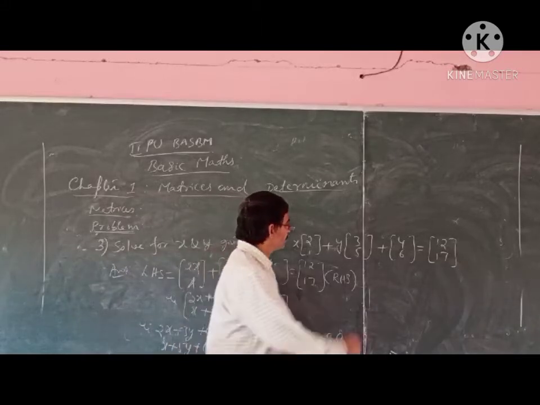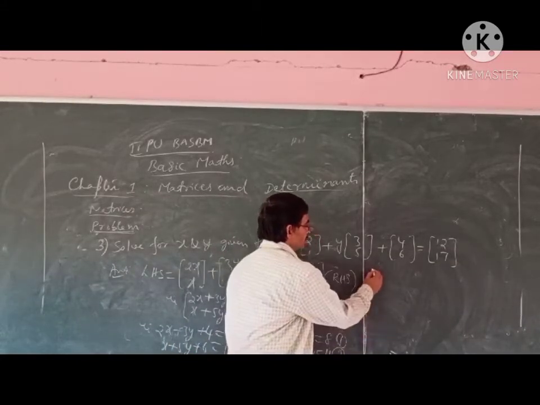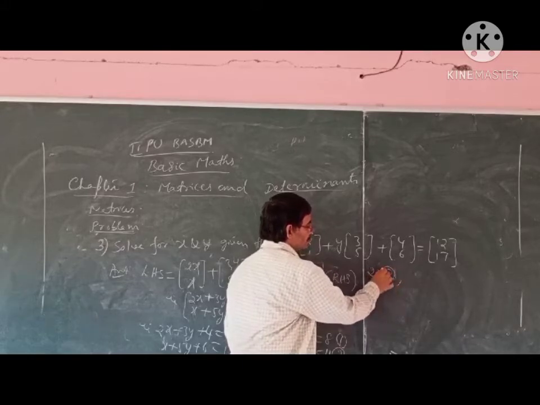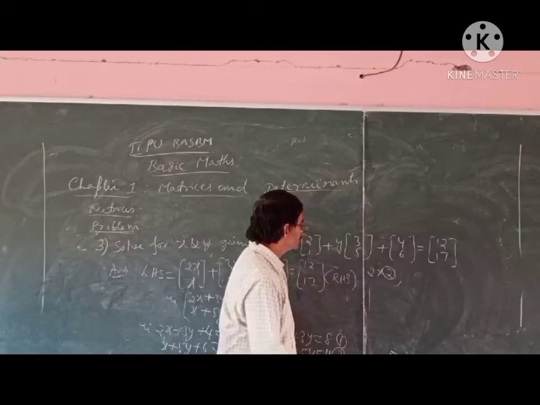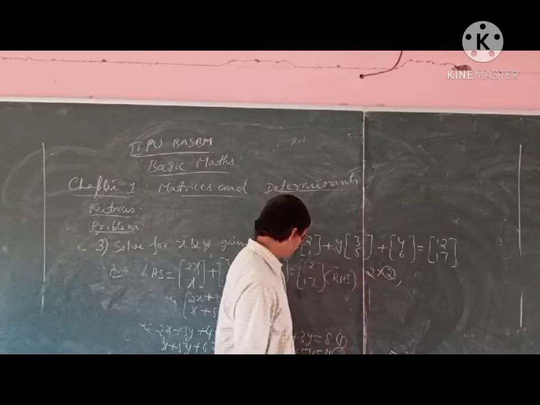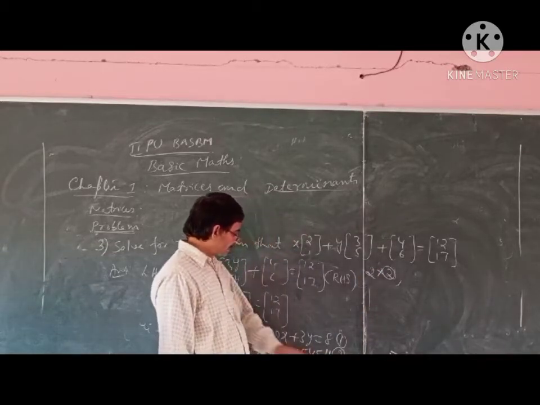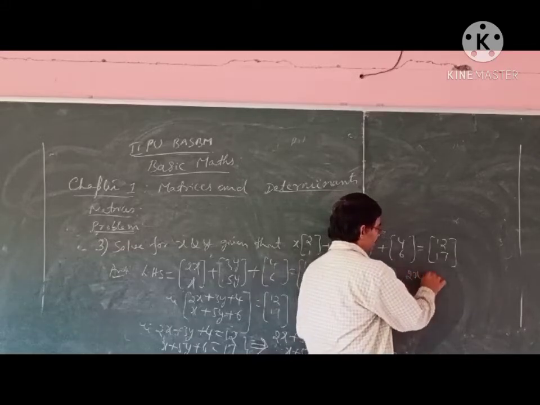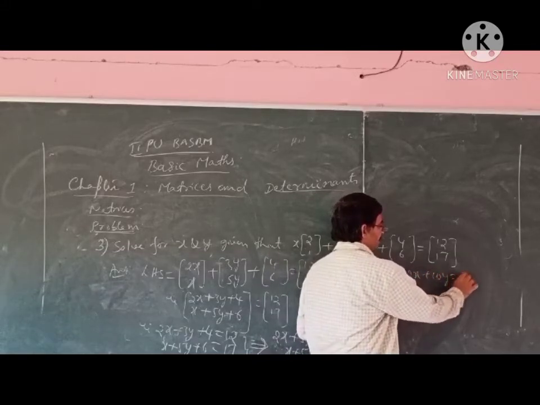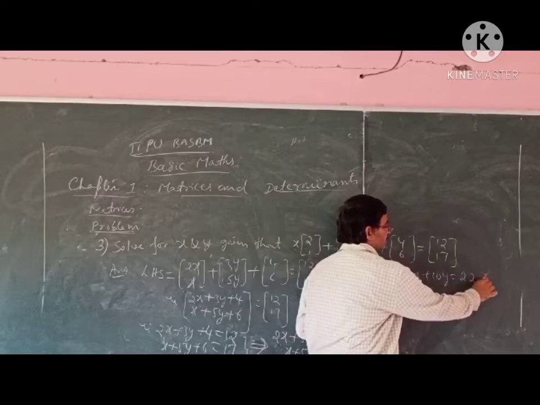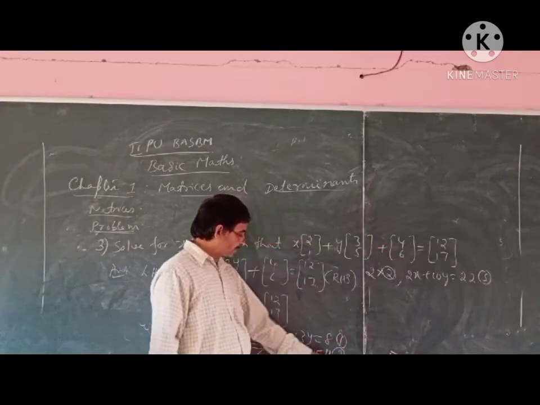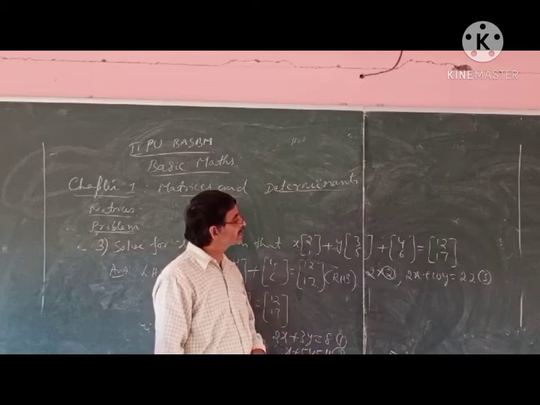So 2 into equation 2 gives 2x plus 10y equal to 22. Call it 3.